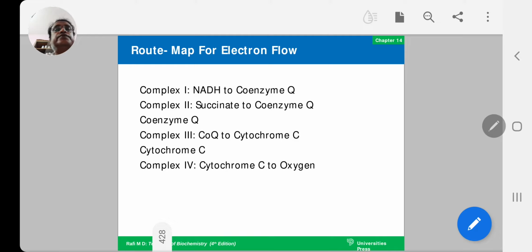Now, electron flow from NADH to coenzyme Q. Electrons of NADH enter the respiratory chain at complex 1. Complex 1 contains about 46 different proteins, including FMN-containing flavoproteins and 6 iron-sulfur proteins.